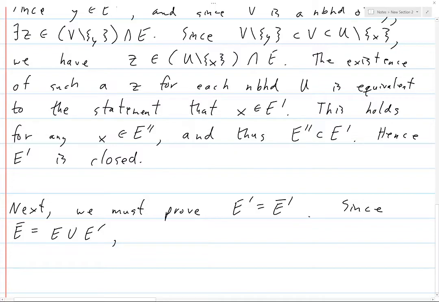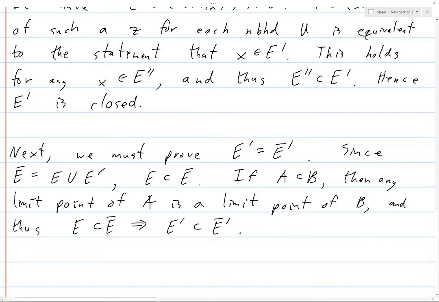Now, I guess you might want to include a proof that any limit point of A is a limit point of B if A is contained in B, but it's pretty straightforward, because if you go back to the definition of being a limit point, then you need the existence of an element like z, which is in U set minus x, and in E.